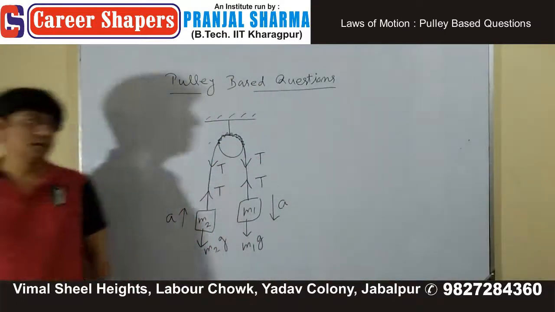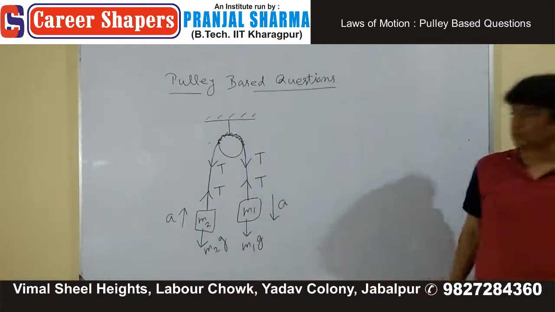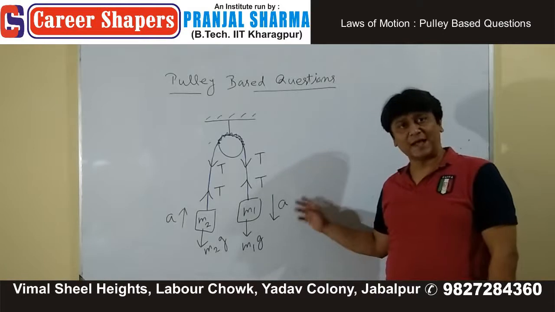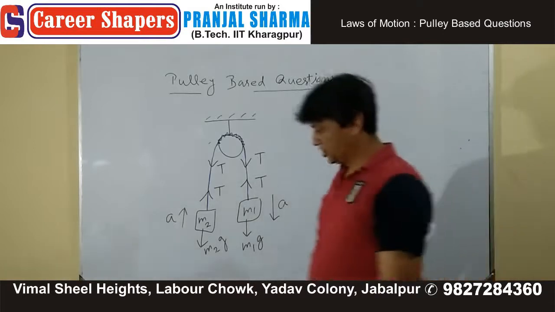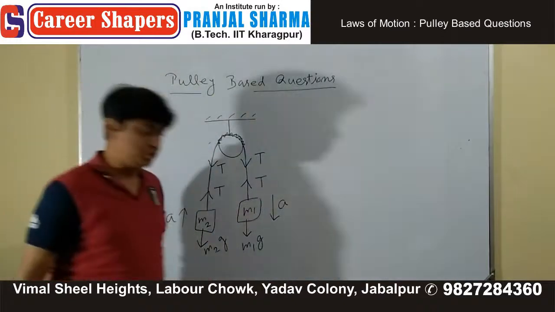What is your opinion? What do you think? This m1g is being opposed by m2g in producing acceleration, or m1g is getting a supportive push from m2g?